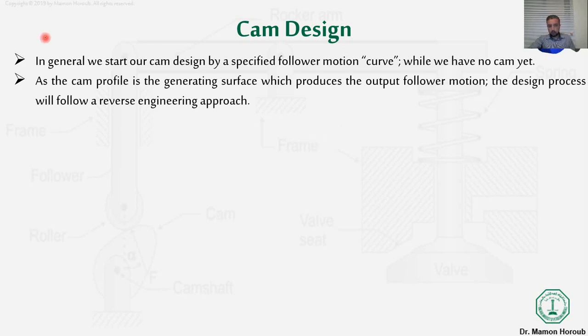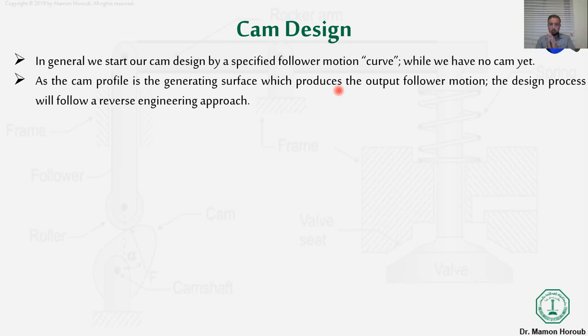As the CAM profile is the generating surface which produces the output follower motion, the design process will follow a reverse engineering approach. If we need to design the CAM, we need to imagine how the follower will move based on the curve that we want.